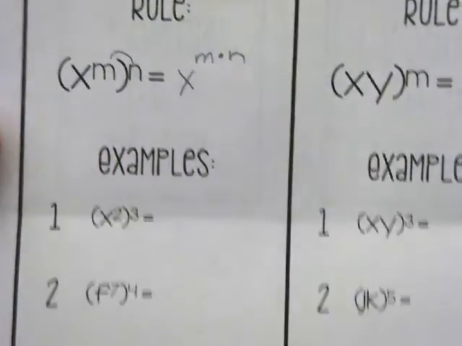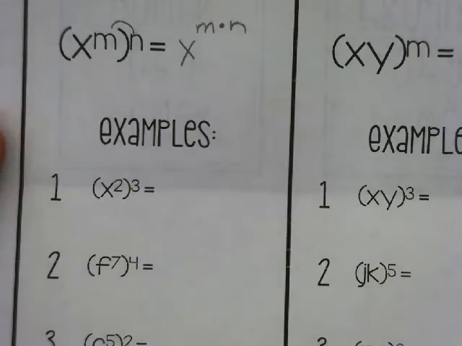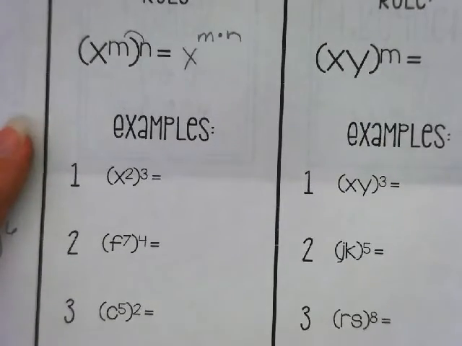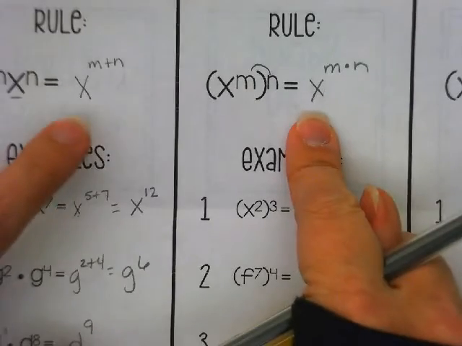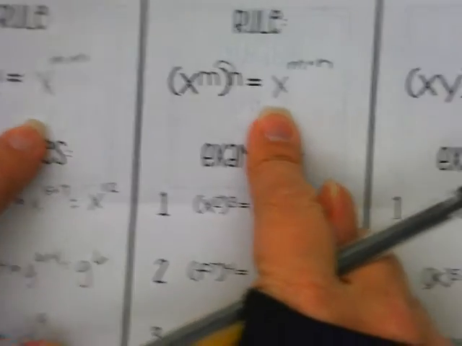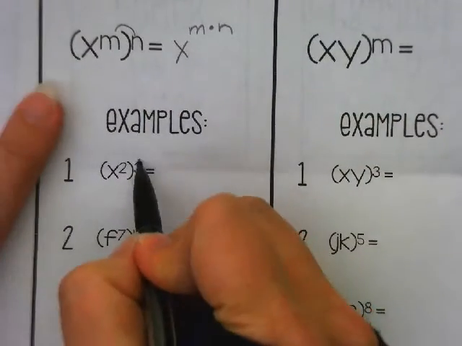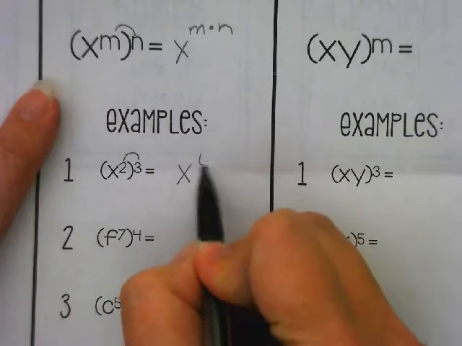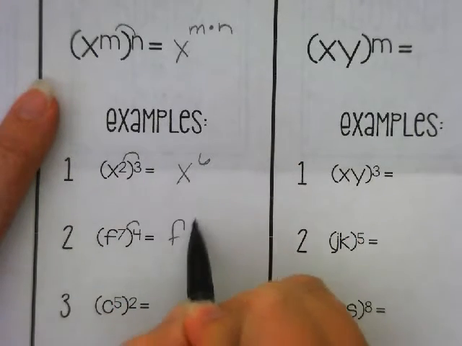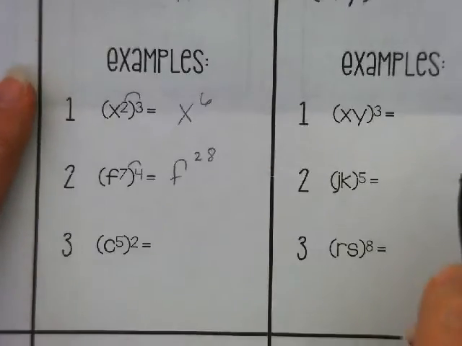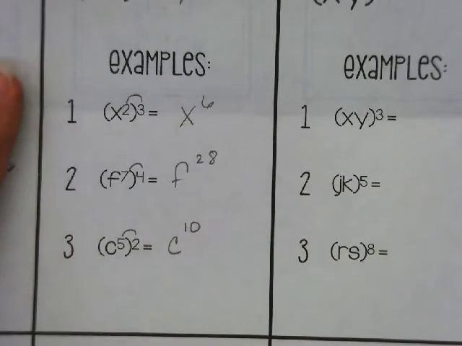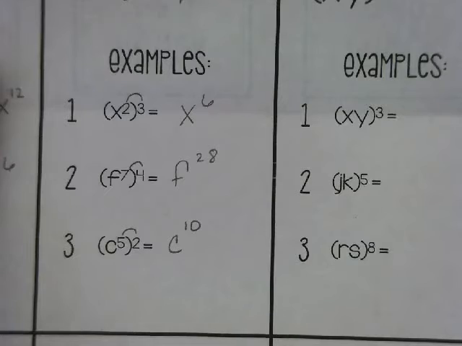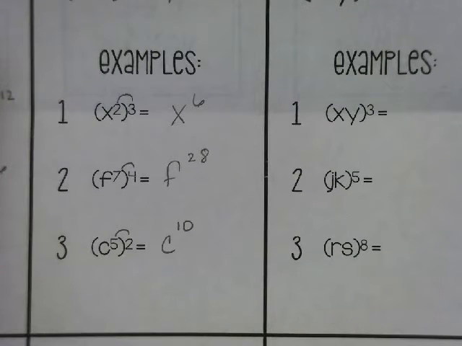And based on our order of operations that we learned in 5th and 6th grade, we know that if we have this, we have to do it before we can do this, right? We think about PEMDAS. So here we're just multiplying. You should get x to the 6, f to the 28, and this is c to the 10th, not the 7th. Don't add, you need to multiply. Feeling good about that? We're just distributing.